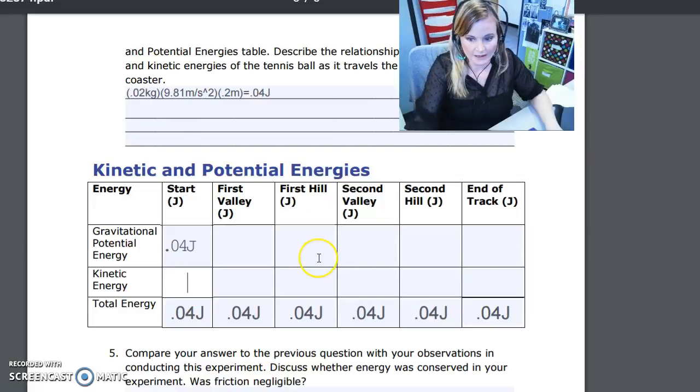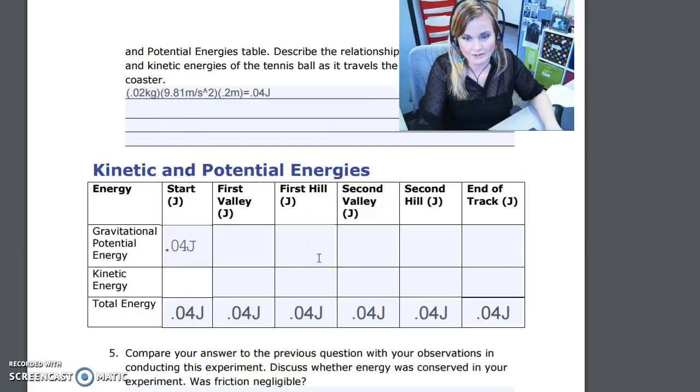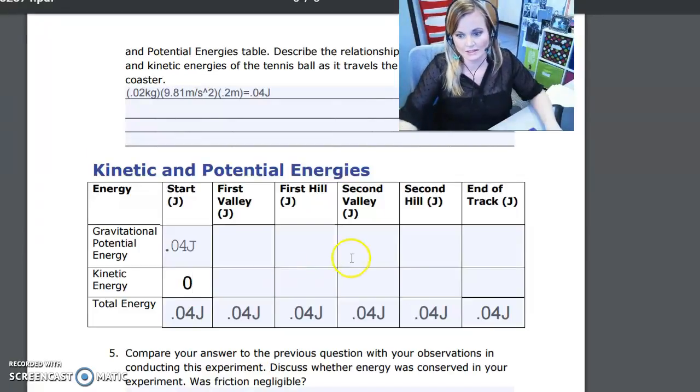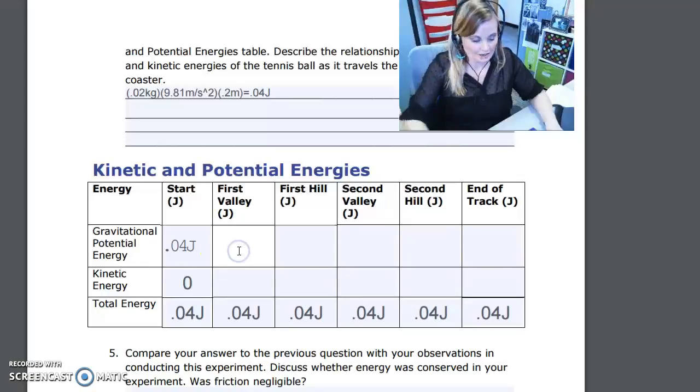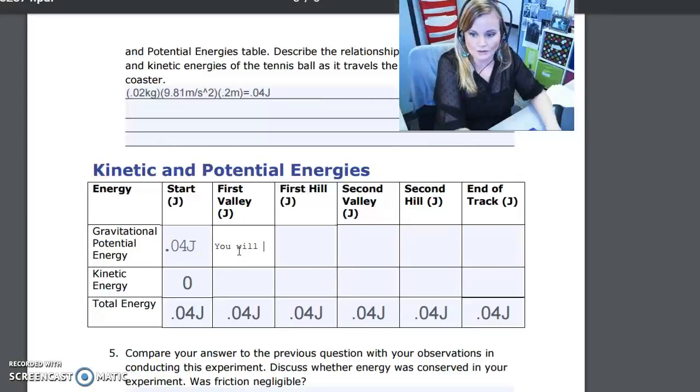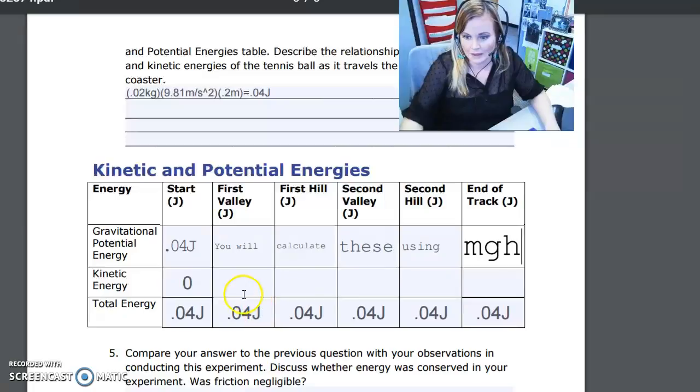In this case, my kinetic is 0 here because it's not in motion at the top of the hill, right? So wherever you calculate the potential energy, you will calculate these using MGH, okay?